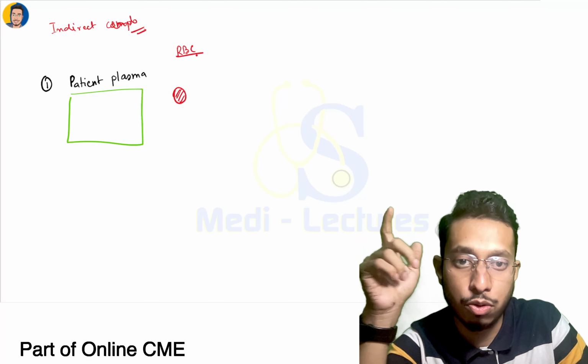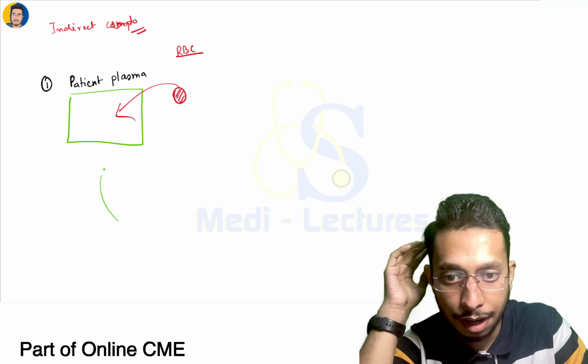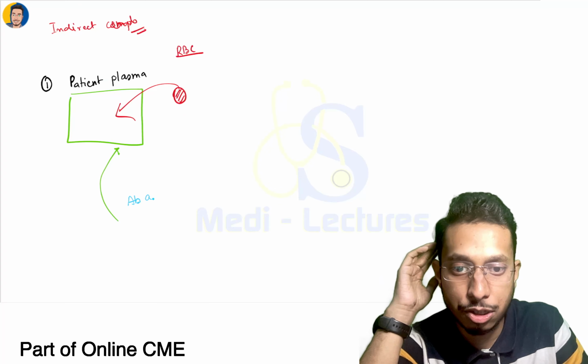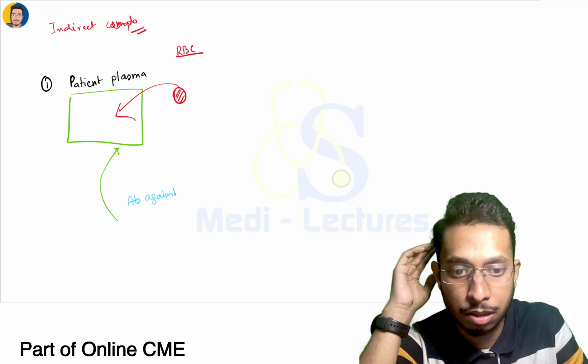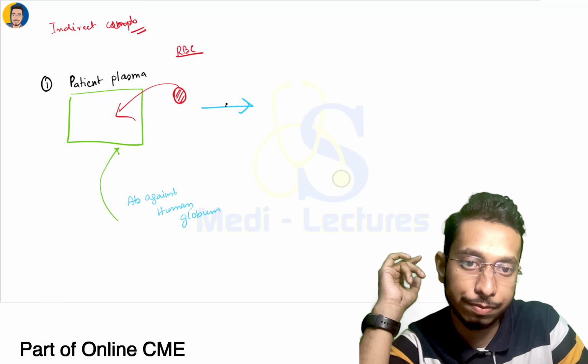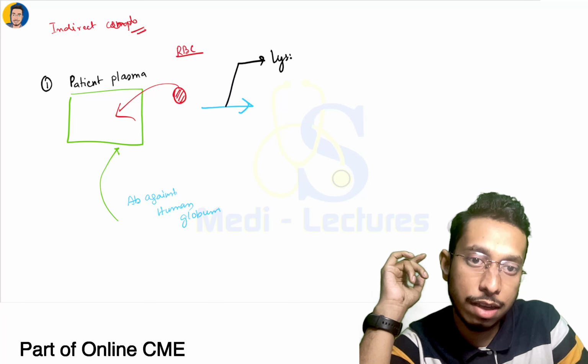Now after that, we don't know what is present in this patient plasma. So we add antibody against human globulin from outside. Now, if after adding all three there is lysis, what does it signify?